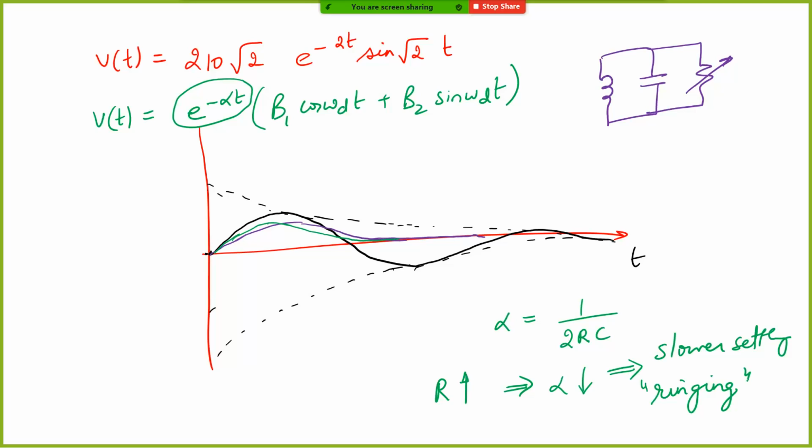This behavior is not restricted to RLC. We are just studying it in the context of RLC, but it happens across different systems, not even restricted to electrical or electronic systems. It happens even in mechanical systems. For example, the suspension of a vehicle, a car or a bike.